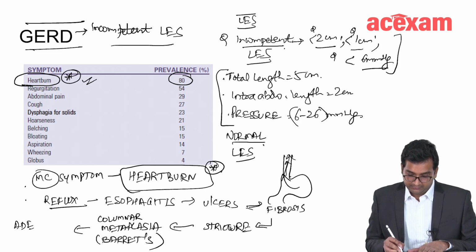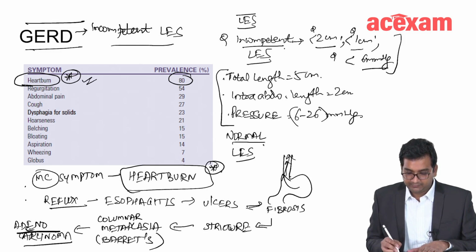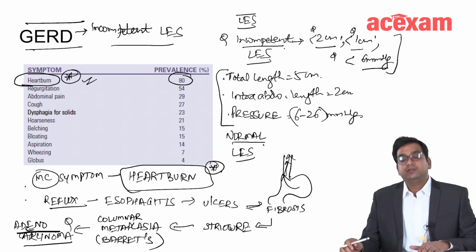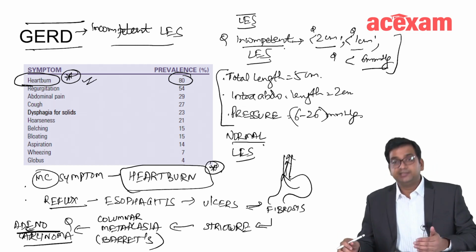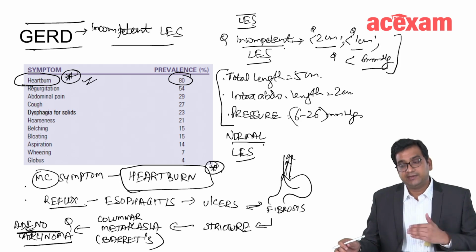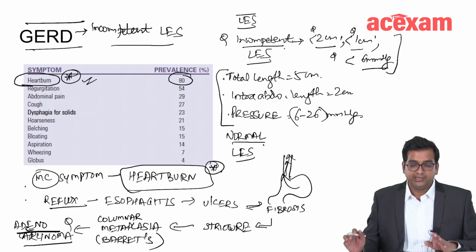This is a pre-malignant condition leading to adenocarcinoma. So GERD leads to fibrosis, stricture, ulcers, columnar metaplasia, Barrett's esophagus and adenocarcinoma of the esophagus.